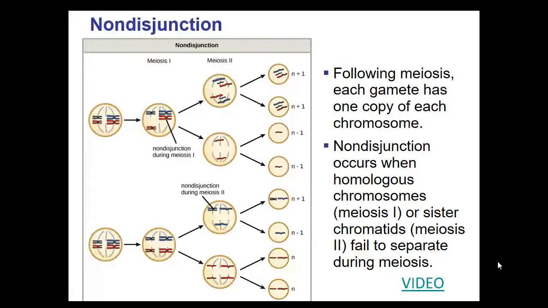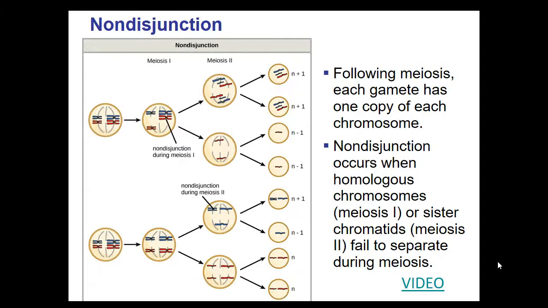They both went into this daughter cell. This daughter cell didn't get any, and then after meiosis 2, this daughter cell has 2 big chromosomes and 1 small one. This one just has a small one, not any of the big ones. So this would be monosomy. This would be trisomy, I guess.